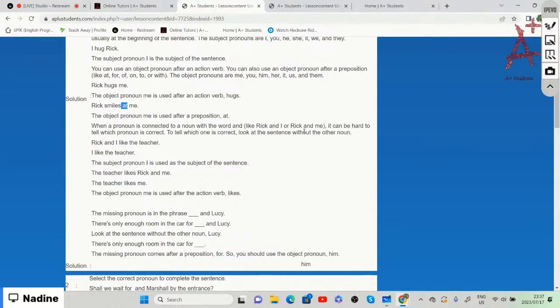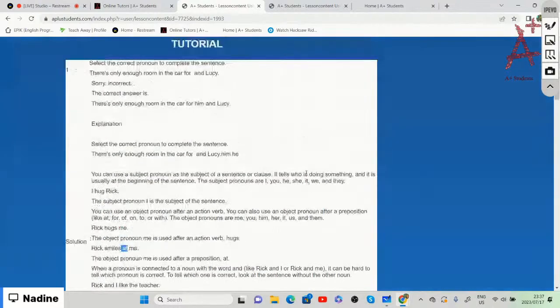And it basically tells us who is doing the action. But if we have, for example, Rick and me, which comes either after a preposition or after an action verb within a sentence, then we know that that is an object pronoun, right?